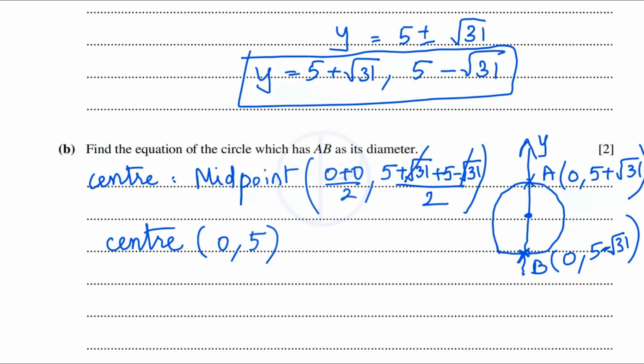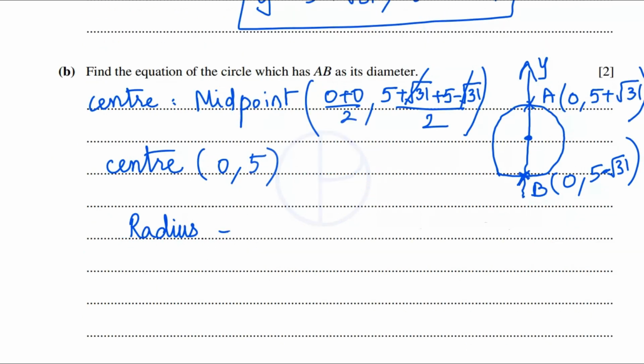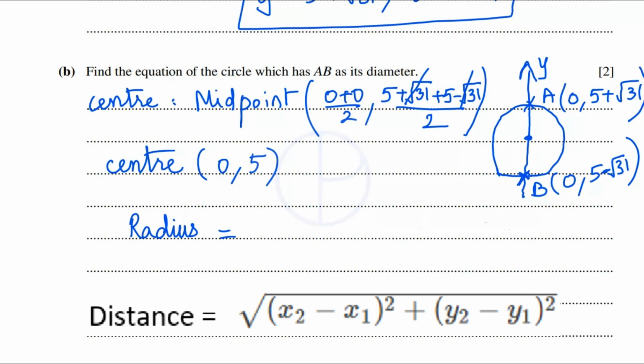Now we need to find the radius. Radius equal to, let's use the distance formula. And we are going to find the distance between the center and the point A. Or you can find the distance between the center and the B also. Both will be same.